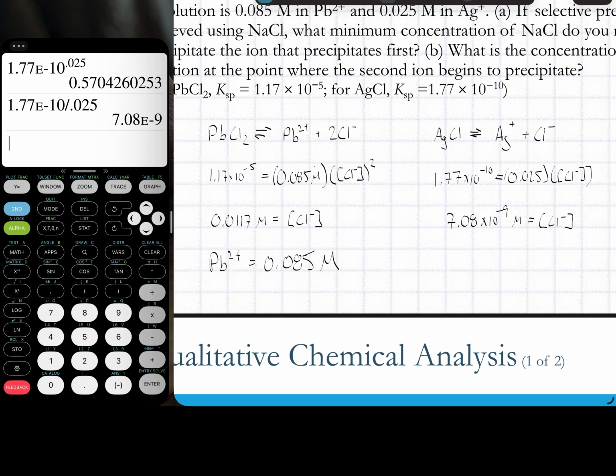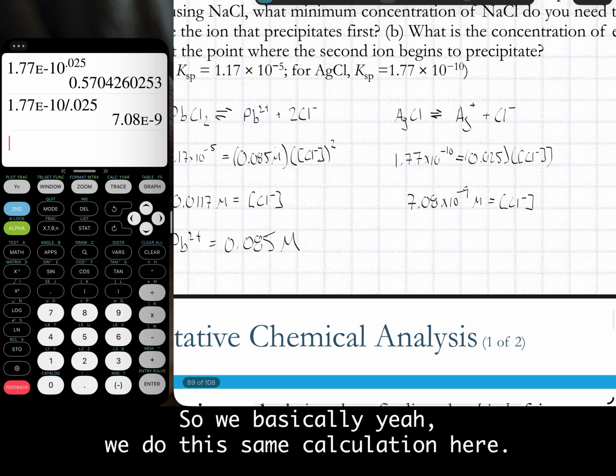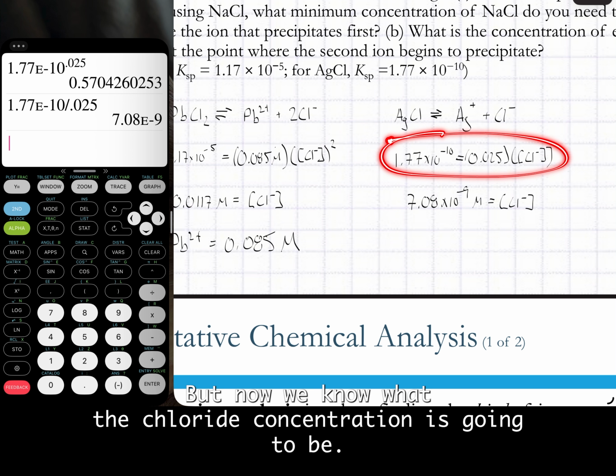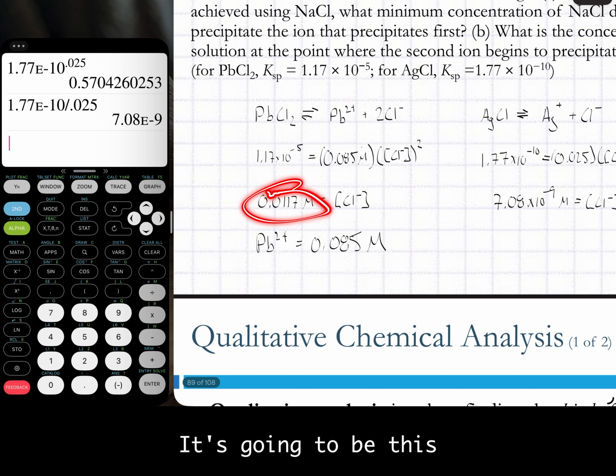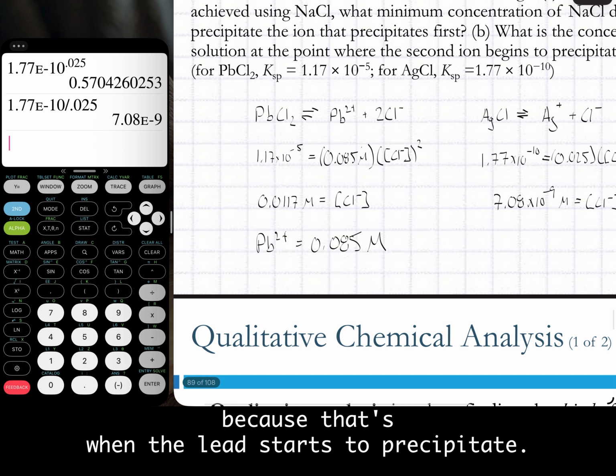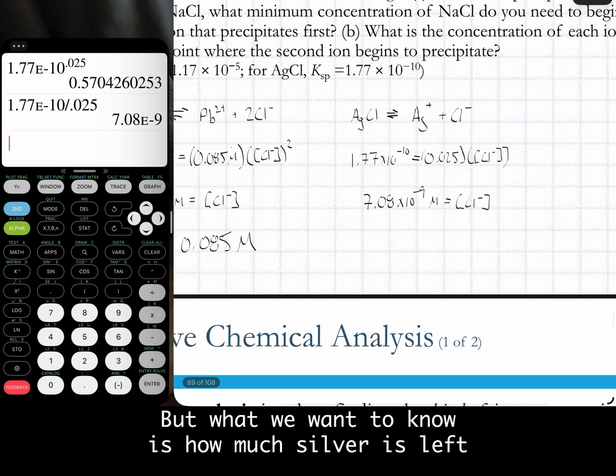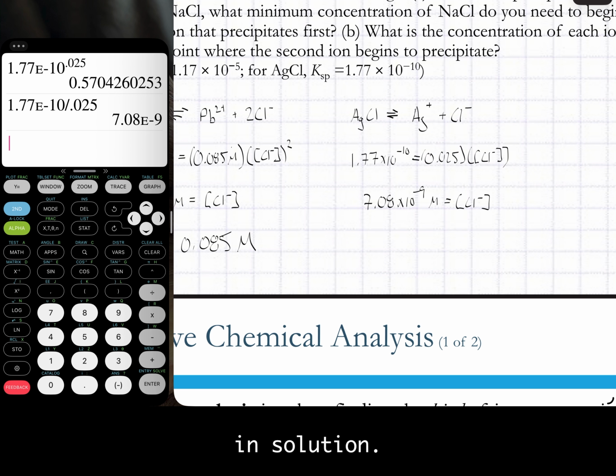Kind of. Almost. 99%. So we do this same calculation here, but now we know what the chloride concentration is going to be. It's going to be this, because that's when the lead starts to precipitate. But what we want to know is how much silver is left in solution.